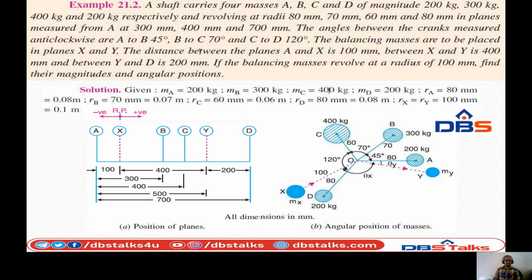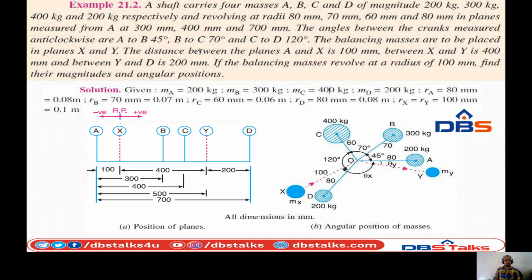They have given that the distance from A to X is 100 mm. So we can put the X plane to the left side of A, or maybe the right side of A. But one more condition is that from X to Y it is 400.